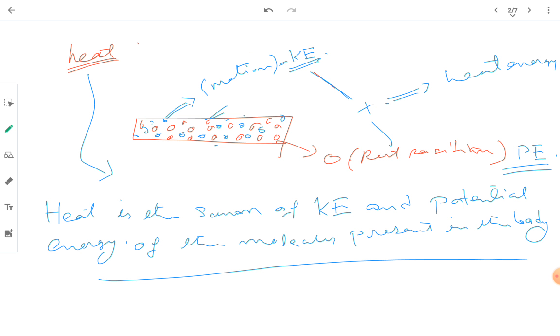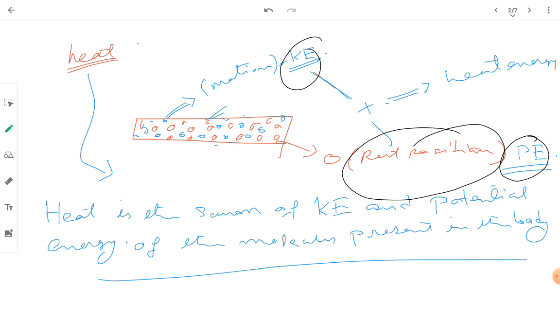So what is heat? Heat is the sum total of kinetic energy and potential energy of the molecules, known as the heat energy.